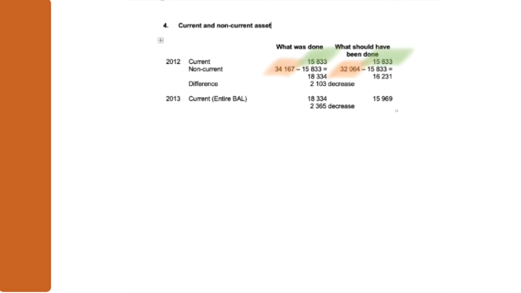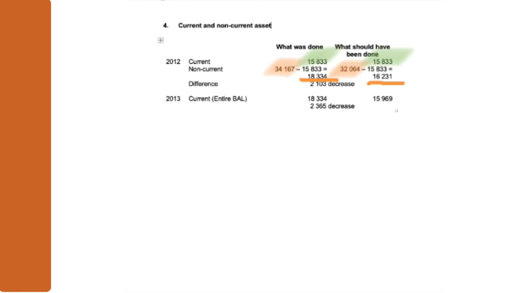If we, however, look at the non-current part, because our total balance is different between what was done and what should have been done, even if we take out the same portion for current, what remains under non-current is different because we start with a different total balance.